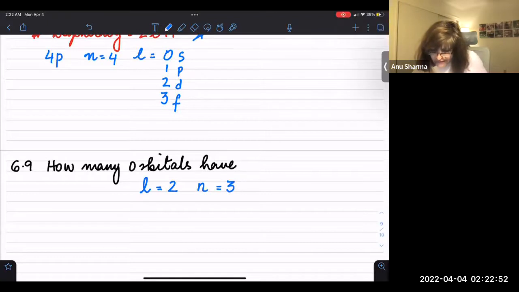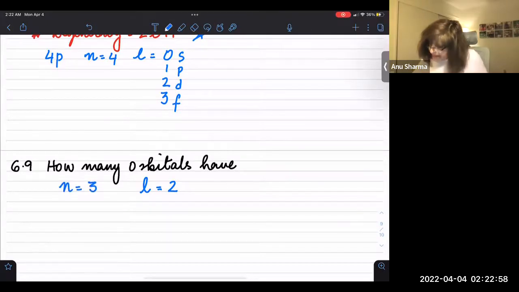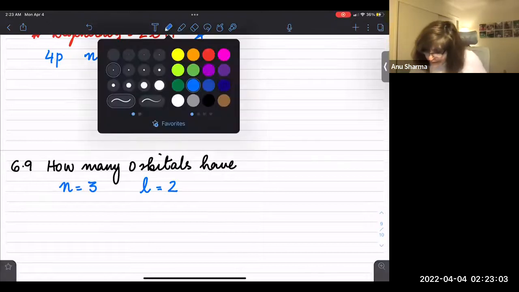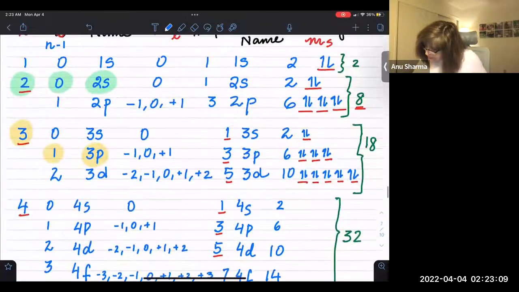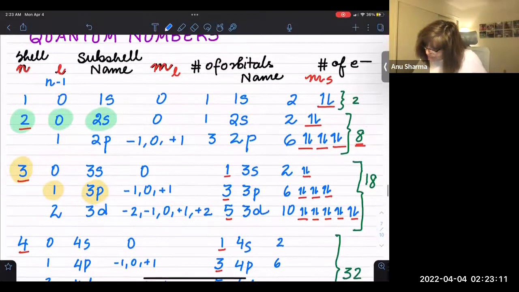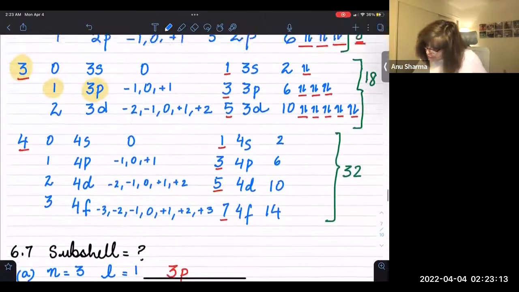Okay, N is equal to 3 should be first, N should come first. N is equal to 3 and L is equal to 2. So let's look at how many orbitals have N is equal to 3 and L is equal to 2.